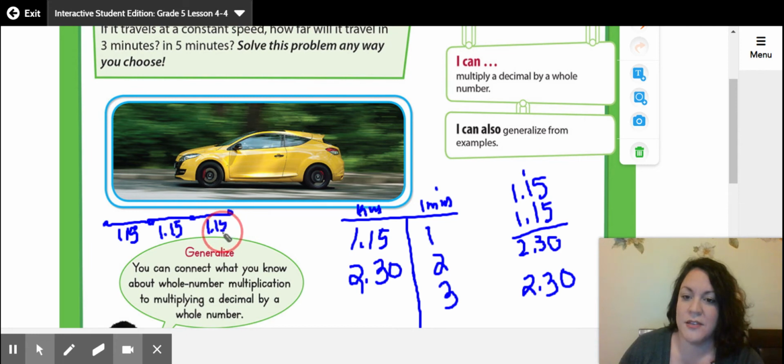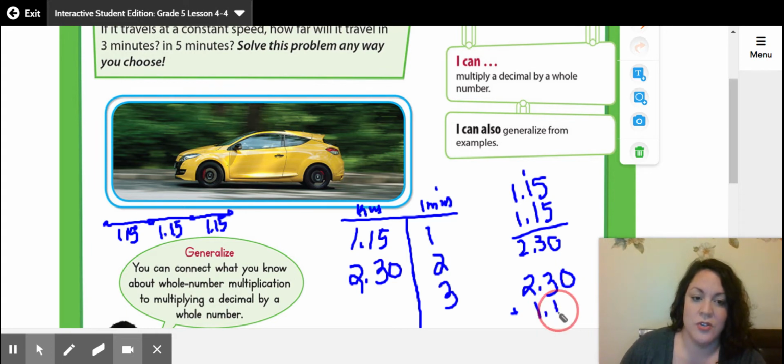So how would I get my answer? How far did he go in 3 minutes? So you could take 1.15 plus 1.15 plus 1.15 and find out how far he went in 3 minutes. You could take this 2.30 and add on that last 1.15. I guess I was thinking of it that way for a minute here.